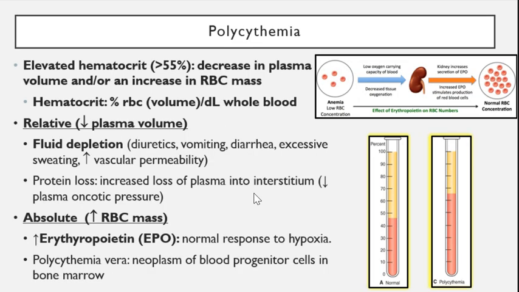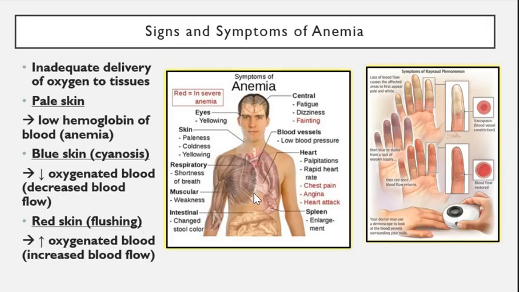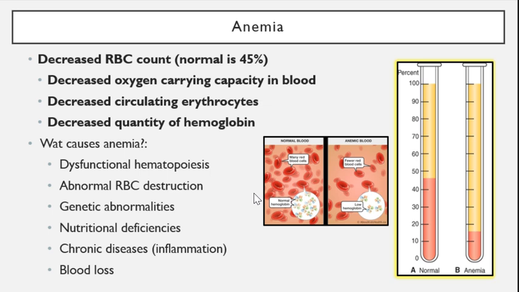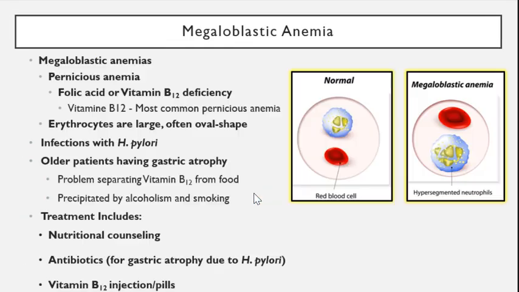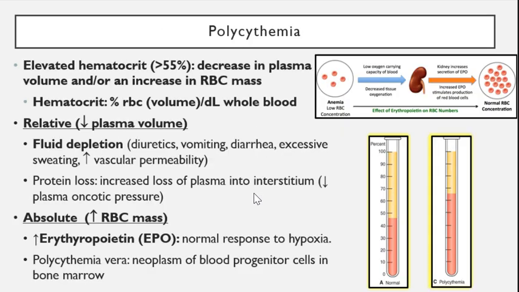Okay. So we have all these. The next few slides are different characteristics of how your red blood cells function. So we have polycythemia, anemia, and okay, just two. I thought there was another one. Whatever. So we have polycythemia, and what this is is an elevated hematocrit.